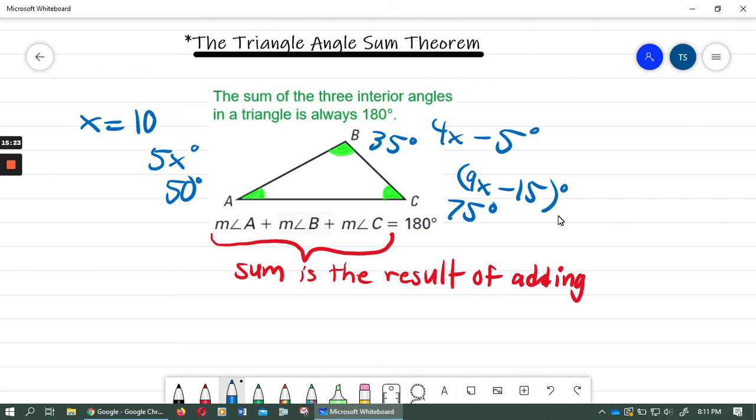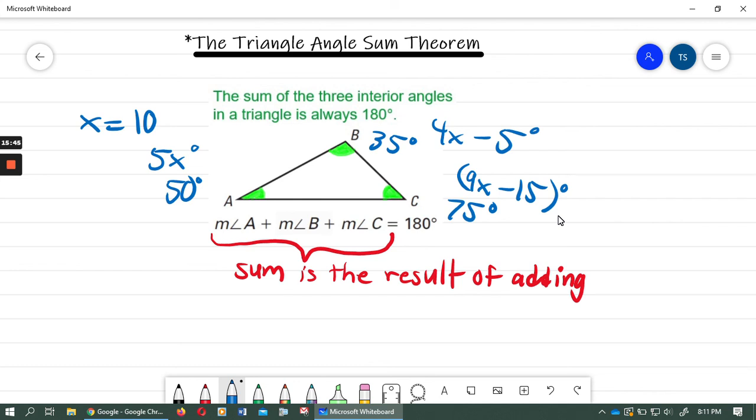Because guess what? The people who write the curriculum for this course have put all of this stuff together, and so they might put all of this together for this one simple concept, where all three interior angles inside of the triangle add to 180.